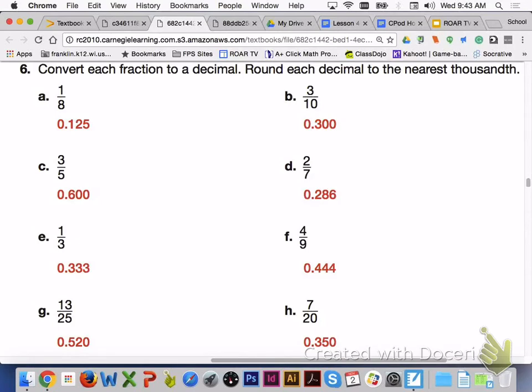Hopefully you rounded each to the nearest thousandths place. A, you should have 125 thousandths, B 300 thousandths, C 600 thousandths, D 286 thousandths, E 333 thousandths, F 444 thousandths, G 520 thousandths, H 350 thousandths.